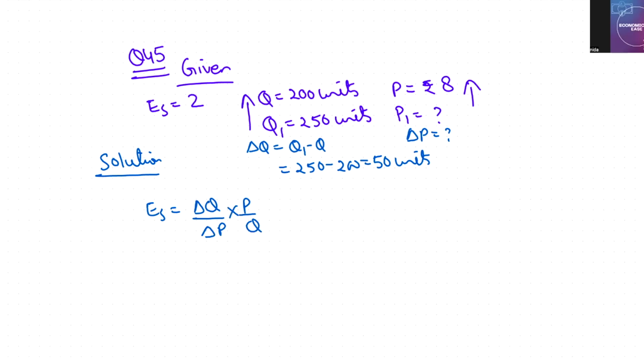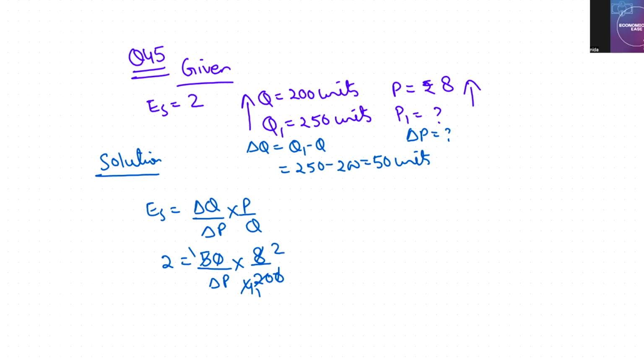Now elasticity of supply, put the value 2 equals delta Q 50, delta P we don't know, price is 8 initial and quantity is 200. Simplify that. So we can do this: cancel the zeros, 5 ones are 5, 5 fours are 20, 4 ones are 4, 4 twos are 8.